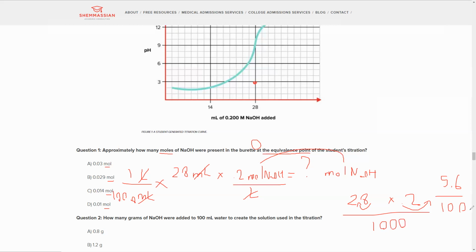My bad. Good catch. 1,000 milliliters. My handwriting is bad. Okay, so now I have 5.6 over 1,000. So now the question is what would be the best way to solve this?